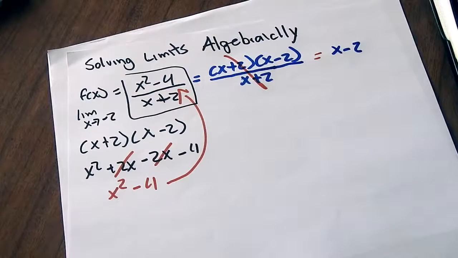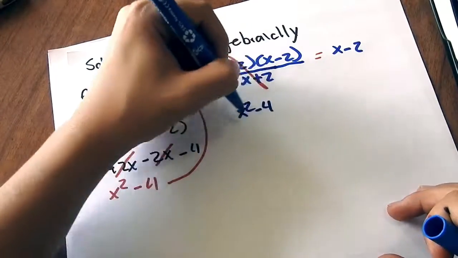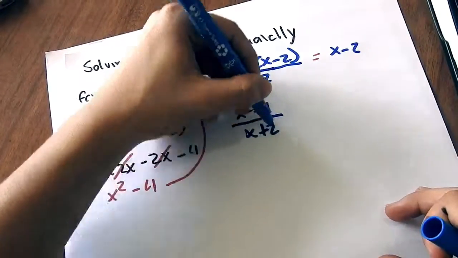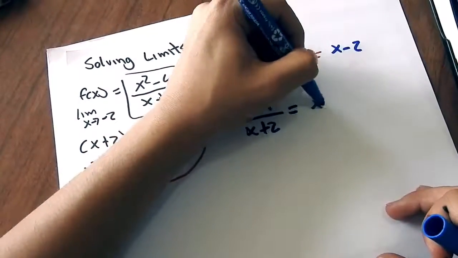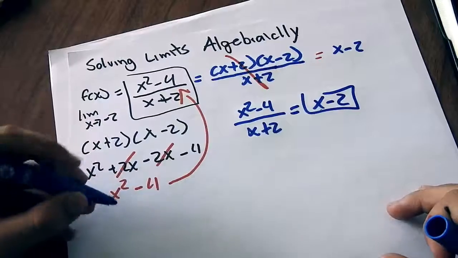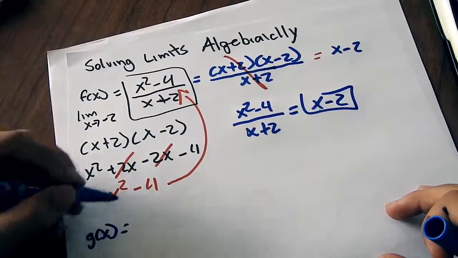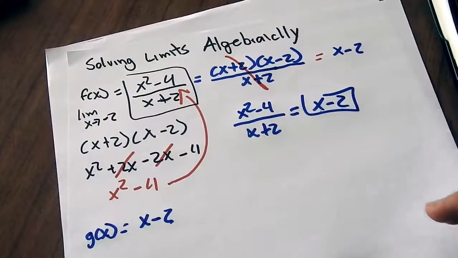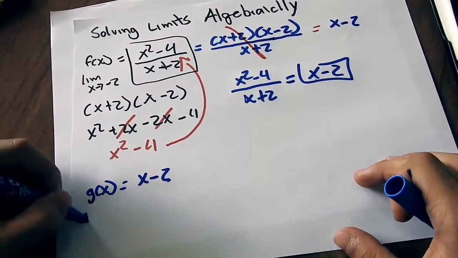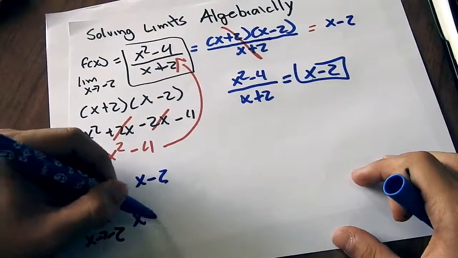So I just manipulated algebraically to show you that x squared minus 4 over x plus 2 is the same thing as x minus 2. So now we can use this. Let's call this g of x. g of x equals x minus 2, to evaluate the limit as x approaches negative 2 of x minus 2.